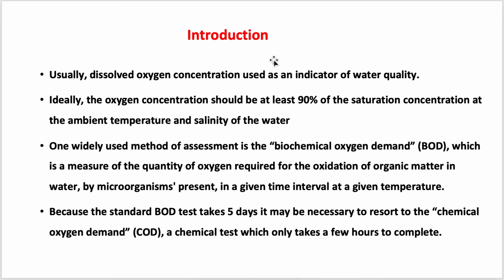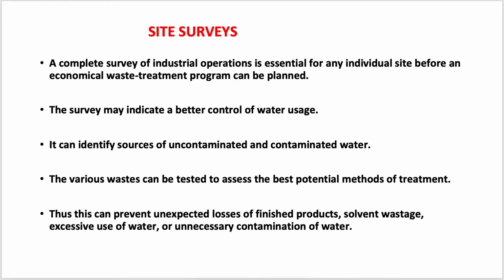So now we know that it's important to treat the effluent before discharging or disposing it into the environment. Now which method will be used to do the effluent treatment, or what will be the approach to discharge the effluent? To make a decision about that, site surveys are essential.